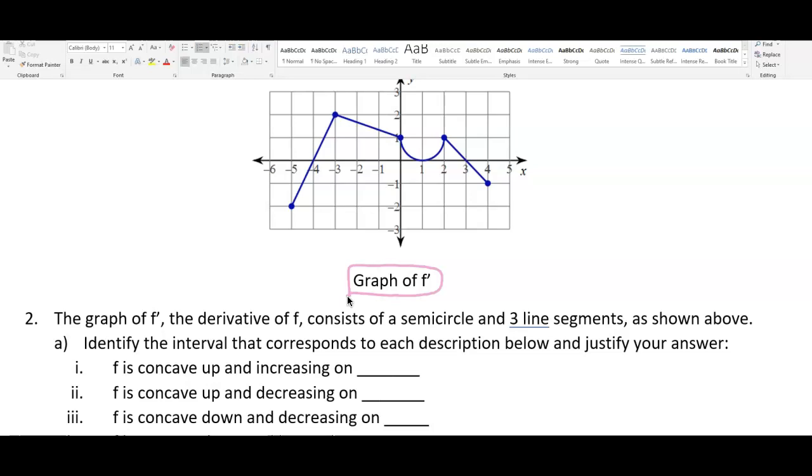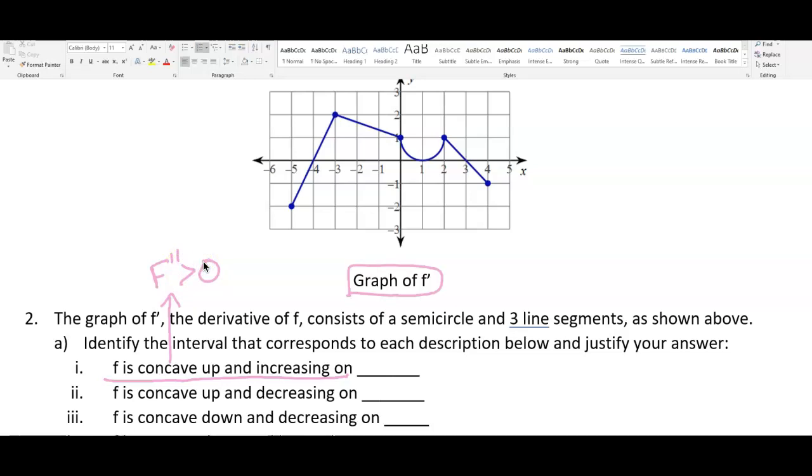Now they're asking me questions about f here. My graph is of f prime, but they're asking questions about f. So let's see. Now, f is concave up when the second derivative is positive.